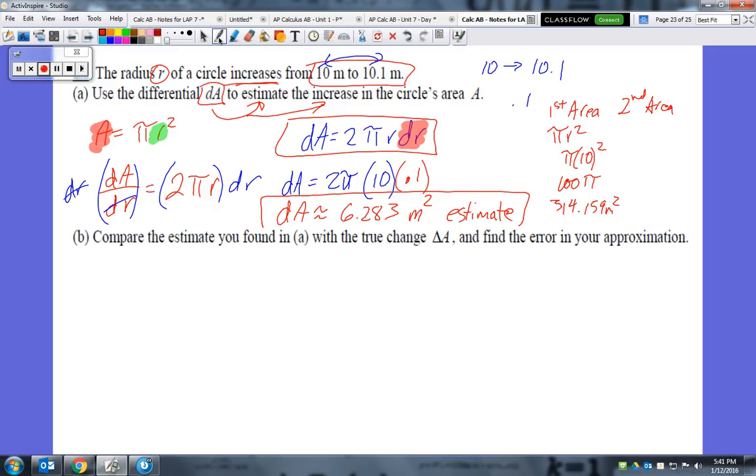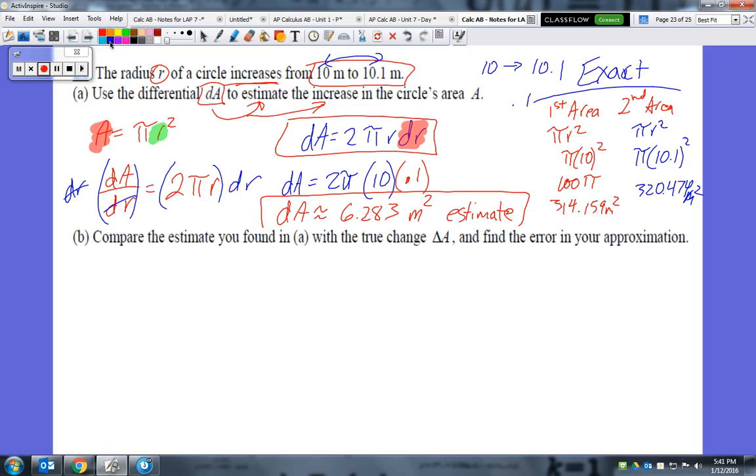However, these are exact over here, because we're going to measure how they're different. So pi r squared, this time it's pi times 10.1 squared, and it would give me an answer of 320.474 meters squared.